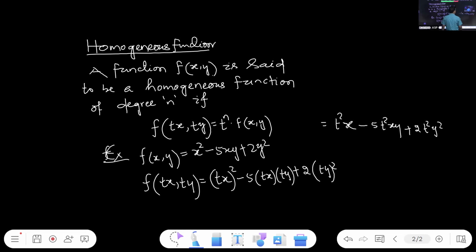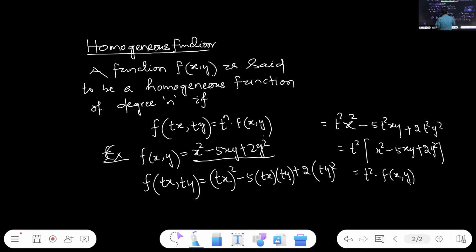Now we can take t square as common. This is equal to t square into x square minus 5xy plus 2y square. This is equal to t square into f of xy. Right? So t to the power n f of xy. So the given function is a homogeneous function of degree 2 in two variables x and y.